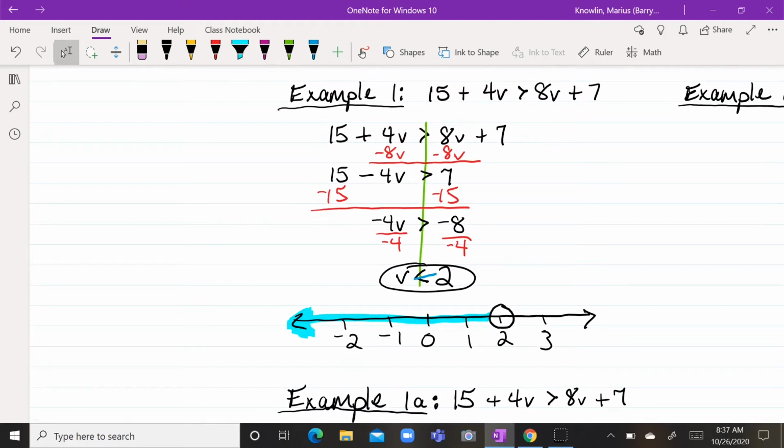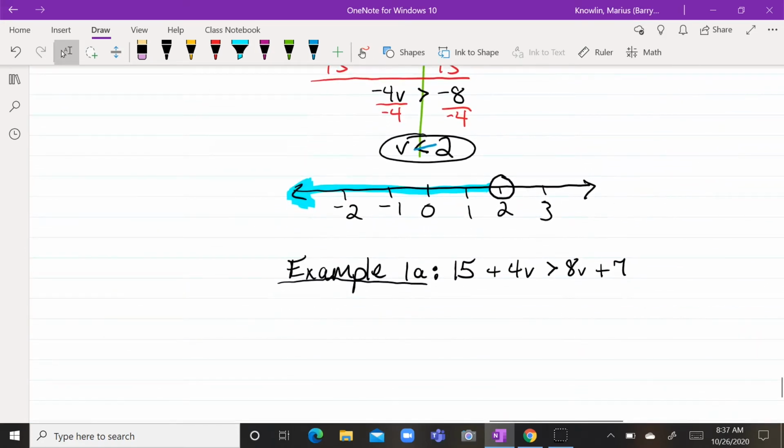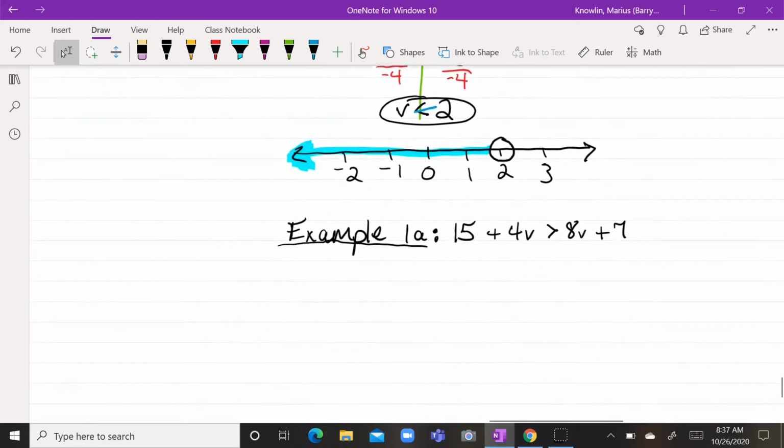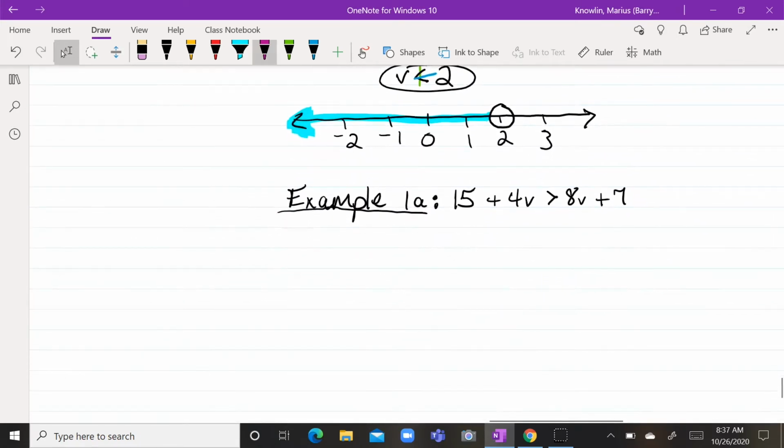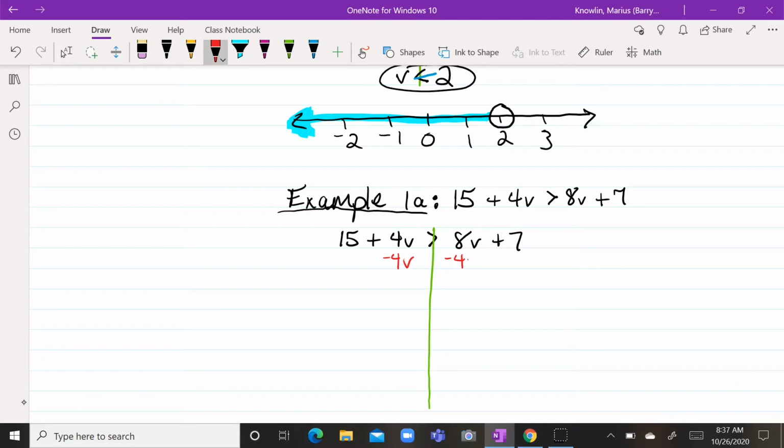Now let's take a look at example 1a, and talk about what happens if I didn't want to move my variable to the left hand side. Some people actually like to move the lesser variable to the greater variable. So I'm going to rewrite it. 15 plus 4v greater than 8v plus 7. So we subtracted 4v from both sides.